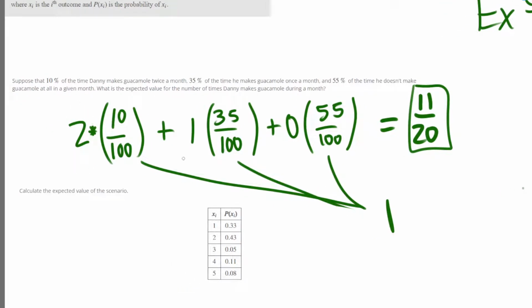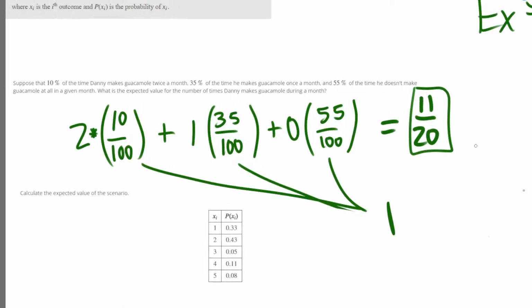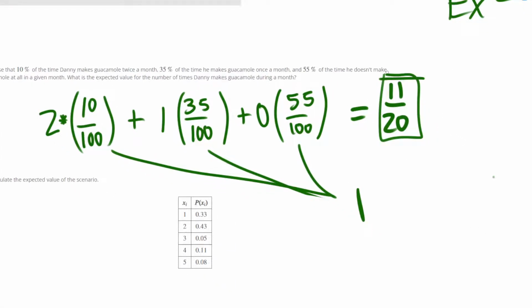You either can make 2 or 1 or 0 guacamoles. You cannot make 11 out of 20 guacamoles. But expected value is basically just telling us the average value based on our probabilities. And that will be a little bit more clear as we go through some more examples.